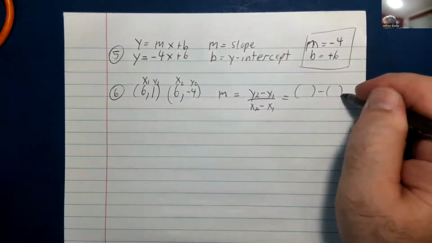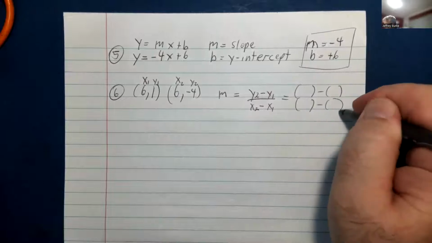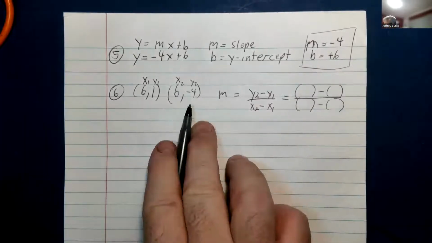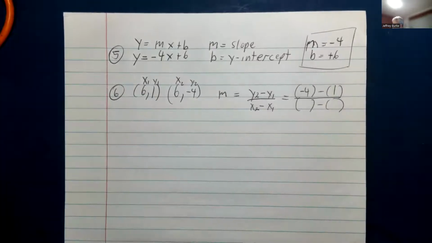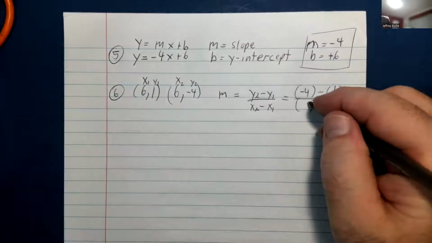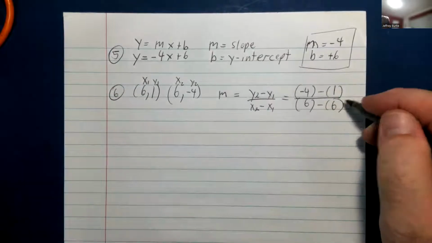Now, if I put these in, y2 is going to equal -4, y1 is going to equal 1. We have x2 is equal to 6, x1 is equal to 6.